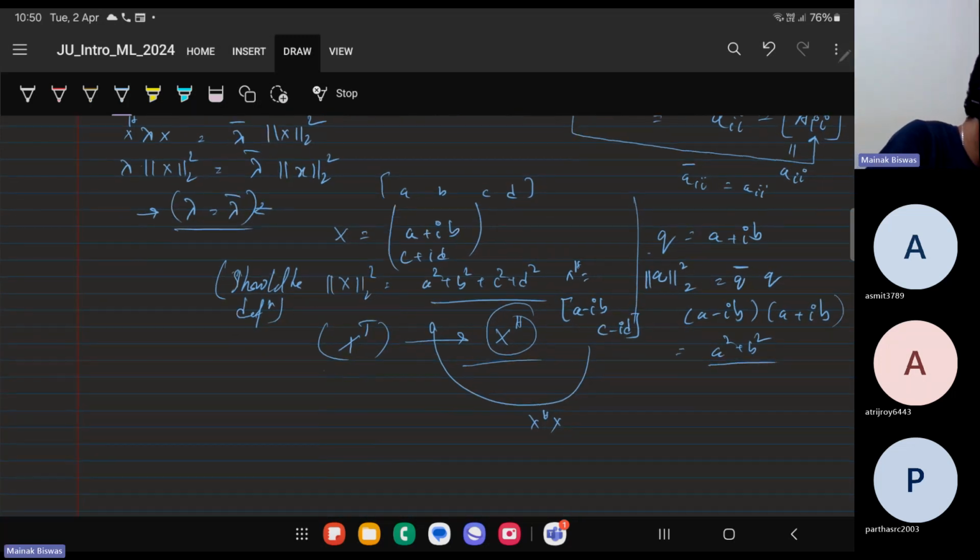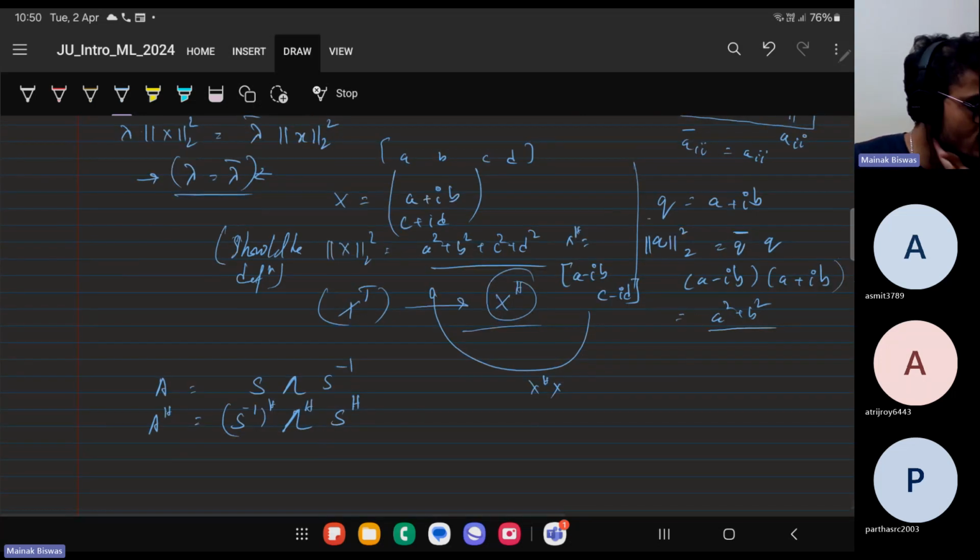How will you prove? Since they are real, say this is the diagonalizability matrix, so they have to be equal to A Hermitian, S inverse Hermitian, lambda Hermitian, S Hermitian. এখান থেকে কি করে বলতে পারবো?